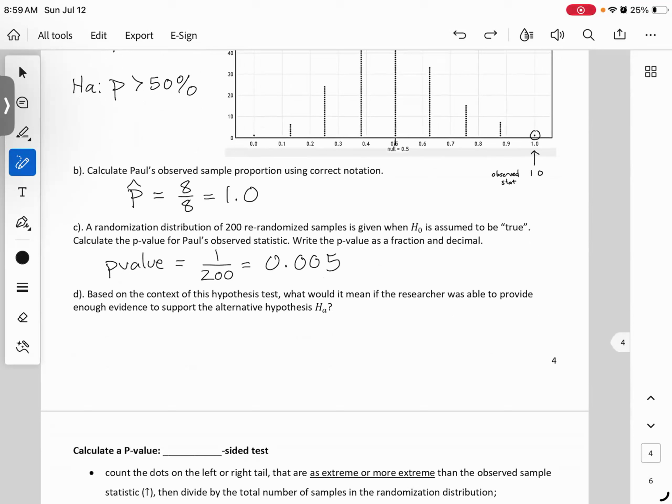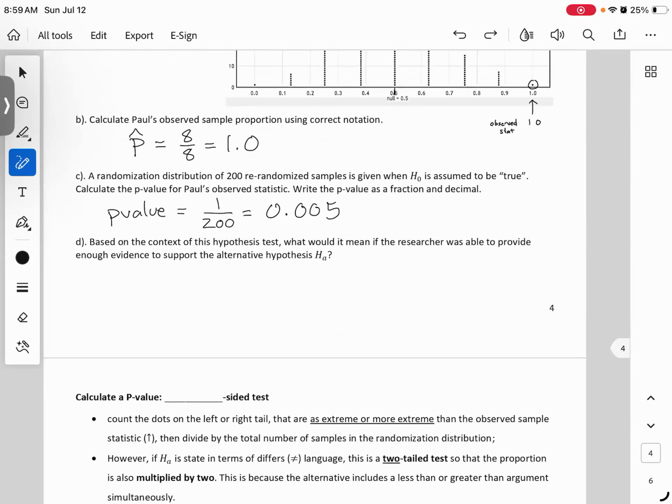And so whenever we do our wrap-up conclusion, it's usually to restate what was being argued for, which is that the proportion of correct guesses that Paul gets is more than 50%. That'll be our conclusion in context.